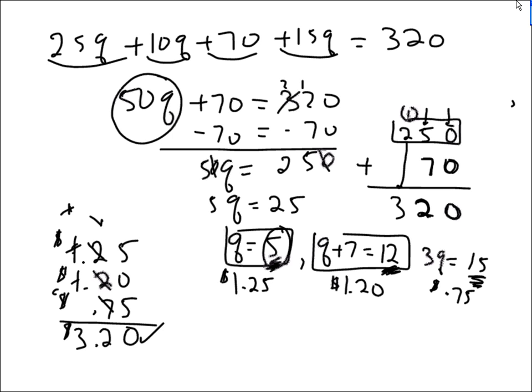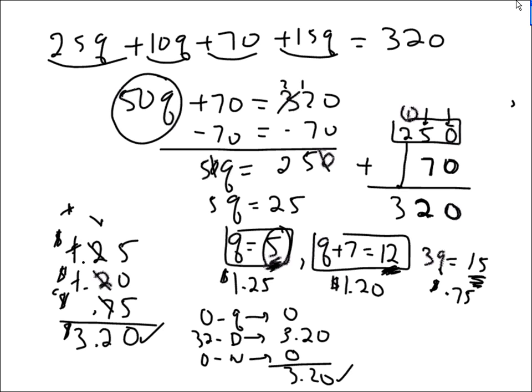There are many ways I could have gotten $3.20. 0 quarters, 32 dimes, and 0 nickels. 0 quarters is $0. 32 dimes is $3.20. 0 nickels is 0. I add them up, I get $3.20.